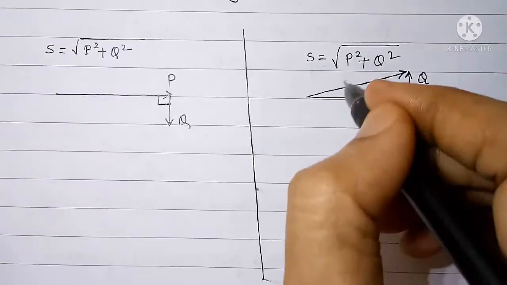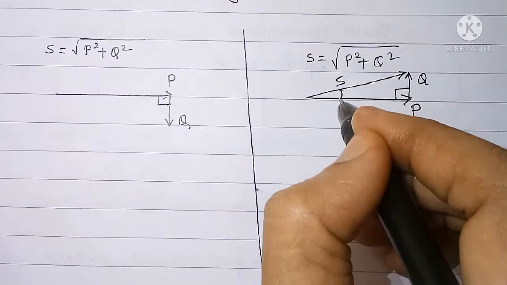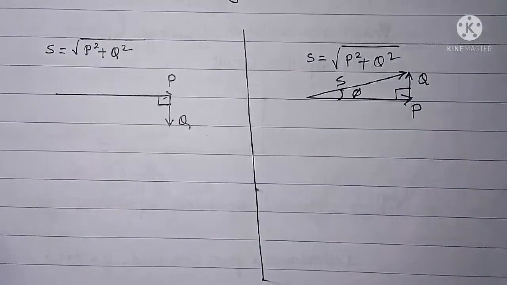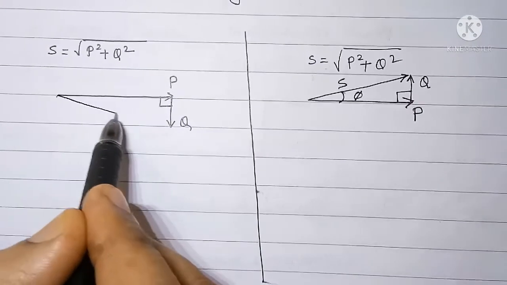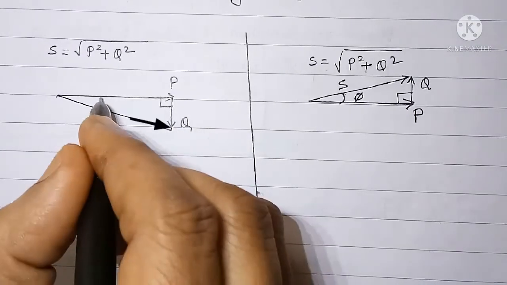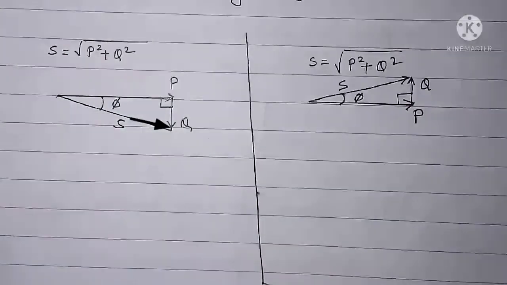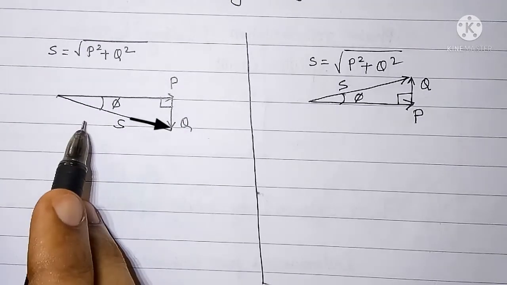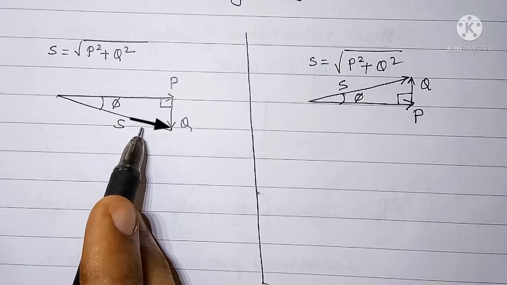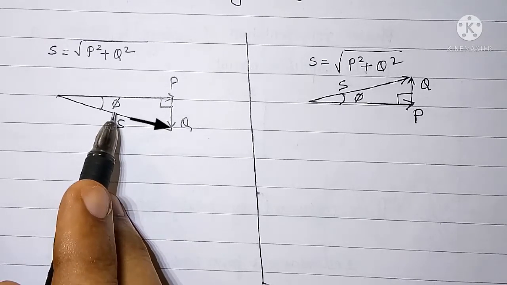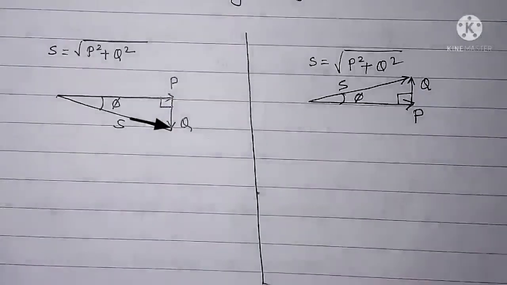The hypotenuse now becomes apparent power and is at phi degree to P. In case of inductive circuit also S is hypotenuse and it is at phi degree to real power P.